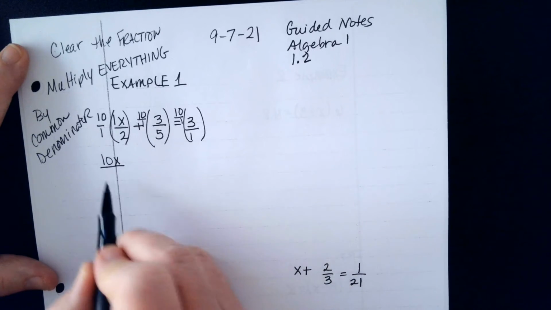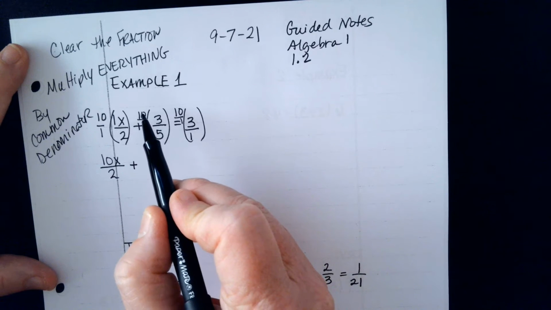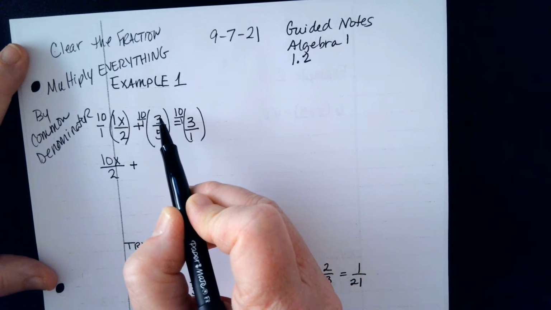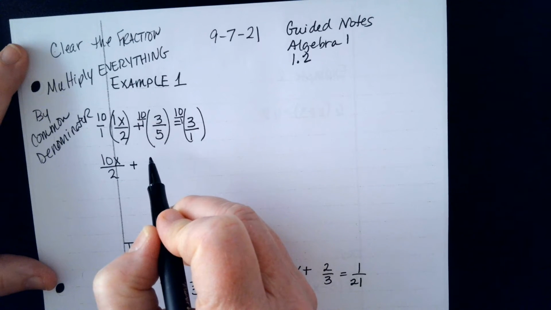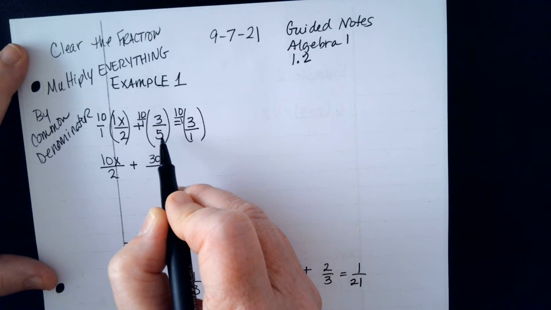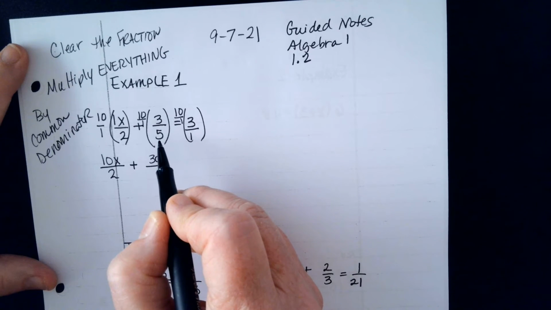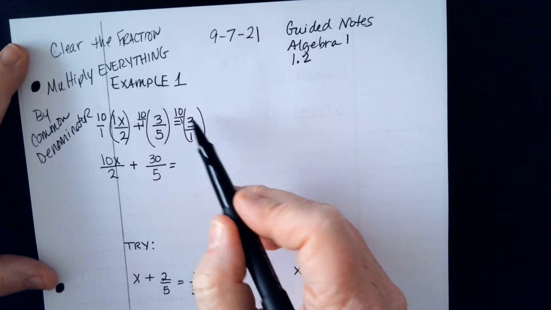Rowan? 2. Okay, moving right along. 10 times 3. Kylan? 30. And 1 times 5. Cameron? 5.